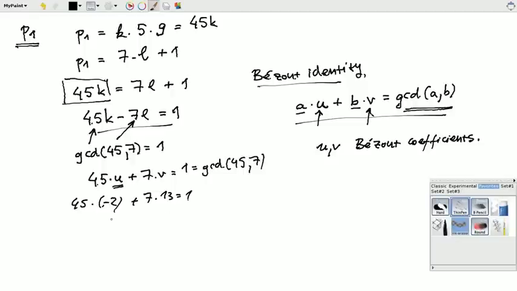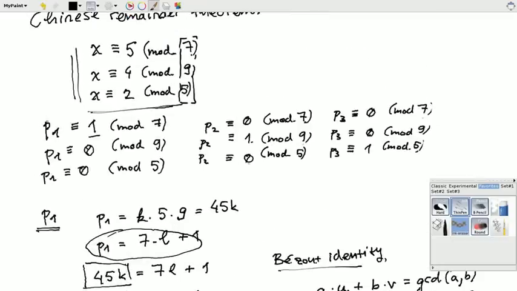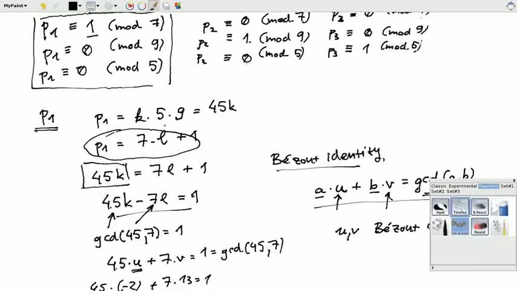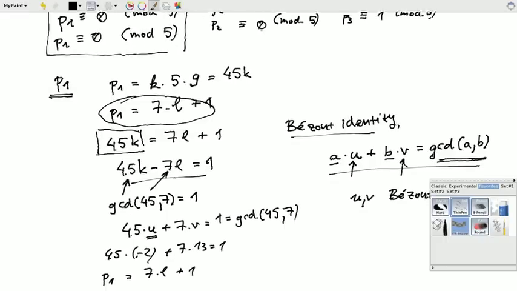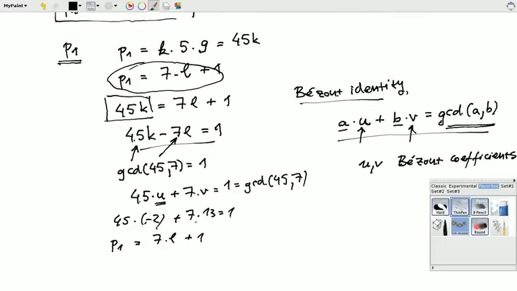Okay, so P1 is equal to 7 times L plus 1. Where did we get that from? We got that from the definition of P1. And we see that the L is 13.